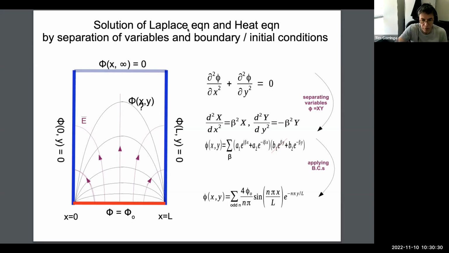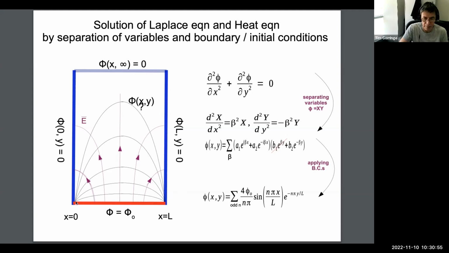So let's start with Laplace's equation. And on this slide here, you see an example problem in electrostatics. That's over on the left-hand side. We've got a region of space inside the box where we want to figure out the potential. And then we got boundaries to that region of space where we know the potential.